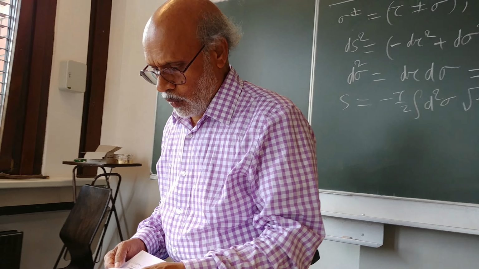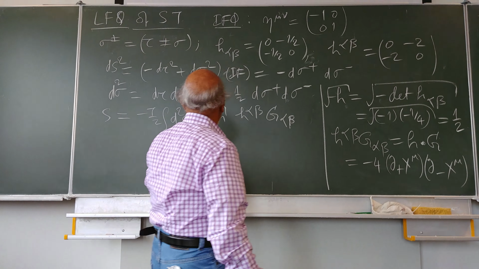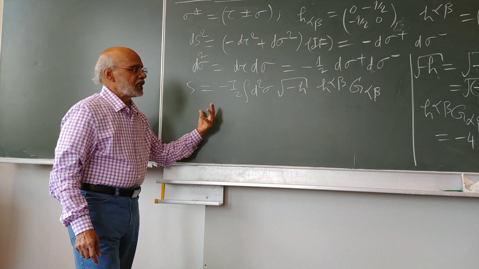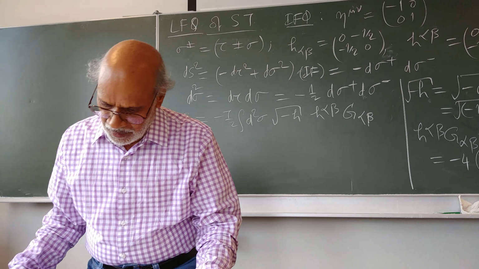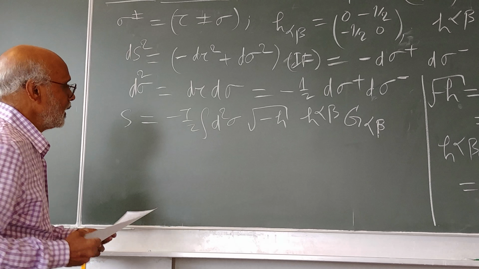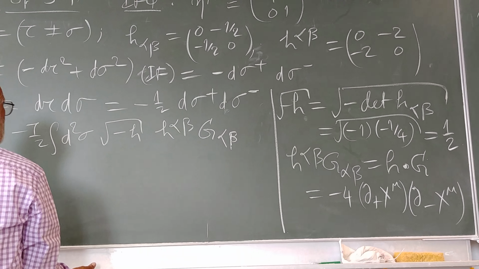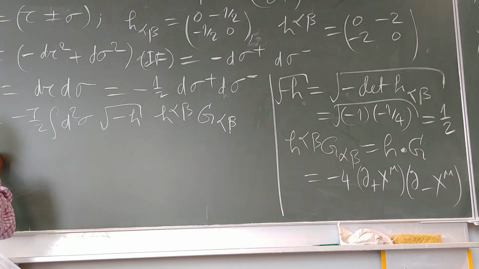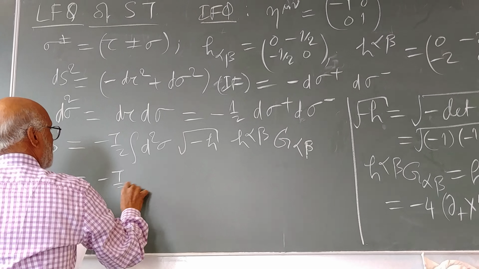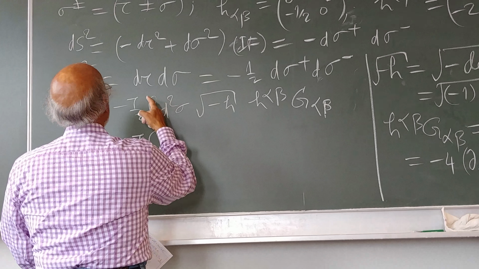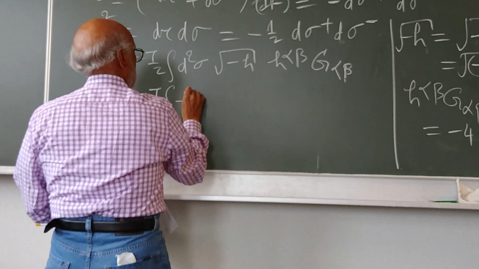Okay, so once we know this, we can write down our entire action. At the moment I am just using this value here, and then for the sake of completion, this is minus T by 2 integral d2 sigma, our integration measure.